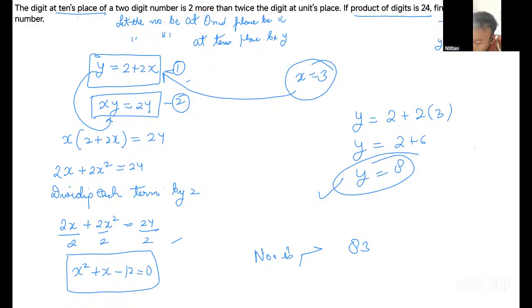I'll give you one more question. Solve this quickly.